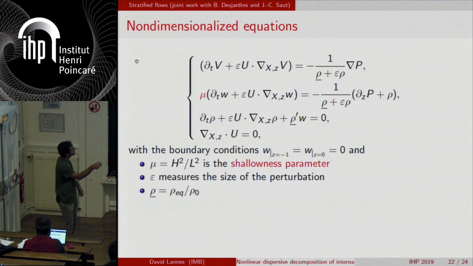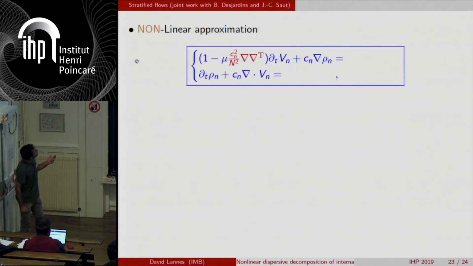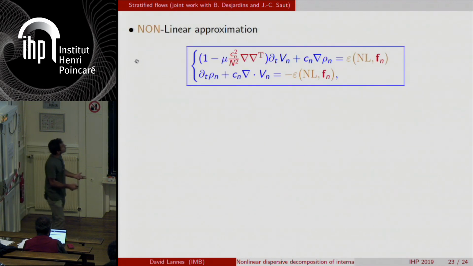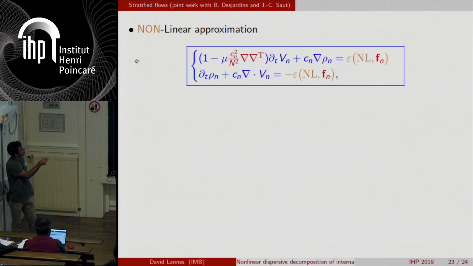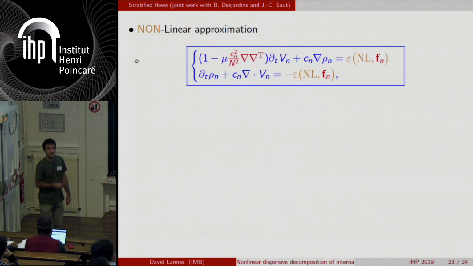Essentially, at leading order, you have a hydrostatic pressure for P. Because time is short, I will just comment on what happens. In the linear analysis, I showed you that you have a set of uncoupled dispersive type wave equations in blue here and red. And when you put the nonlinearity, then you will have the nonlinear terms, and you have to take the scalar product of this nonlinear term with the nth mode Fn.